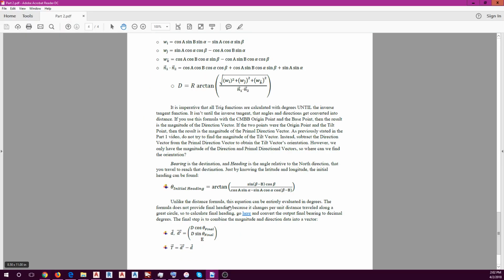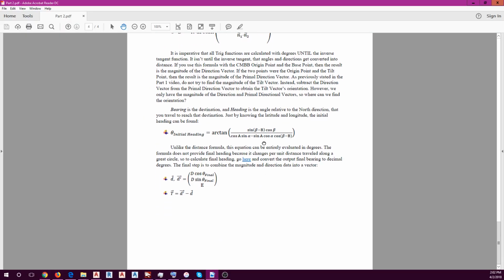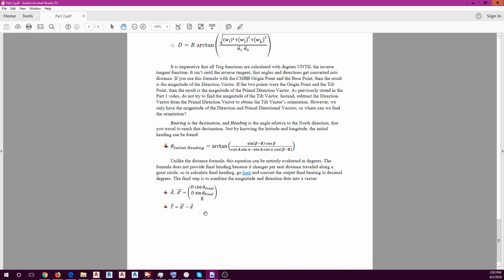Now, the very last little bit is to combine the magnitude and direction data into the vector that we want. So both the direction vector and the prime direction vector can be figured out using this. This right here is the same d as this. So it's the magnitude of one of these vectors.